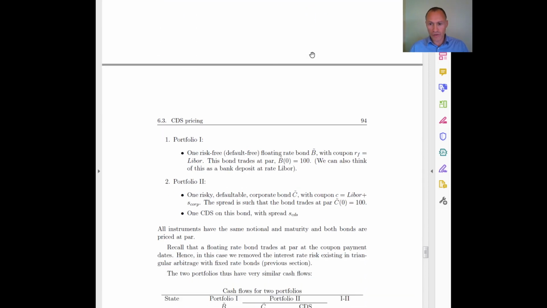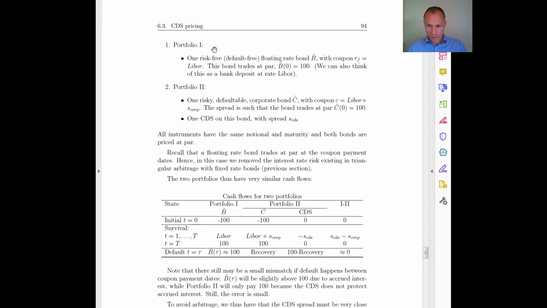Right? So the two portfolios that I will do are the following. The first portfolio is the risk-free portfolio, as before, but the difference now is that this is a floating rate bond, okay? Risk-free floating rate bond, so with coupon equal to LIBOR. Okay, and let's assume that the price is at par.